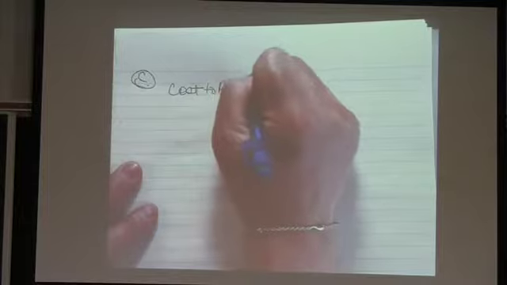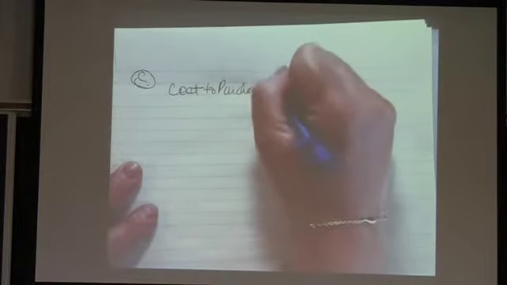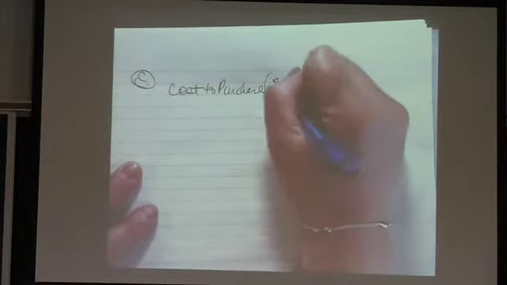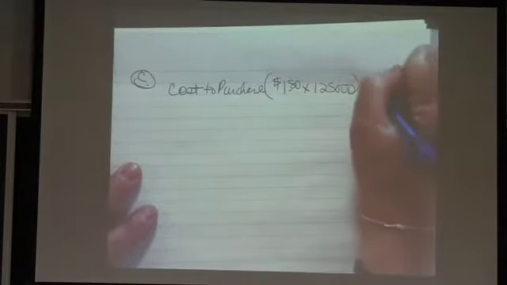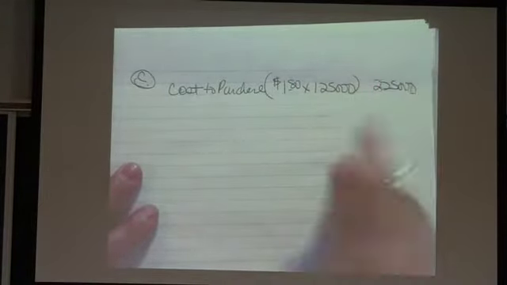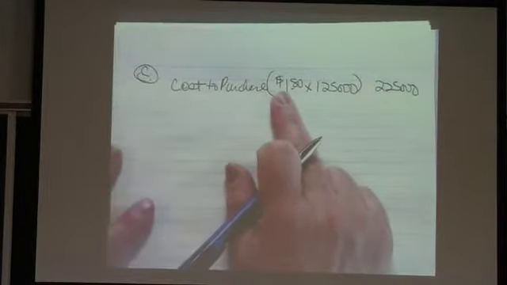So this is part C. Again, we need to compare the cost to purchase versus any avoidable cost. So to buy, it costs $1.80.